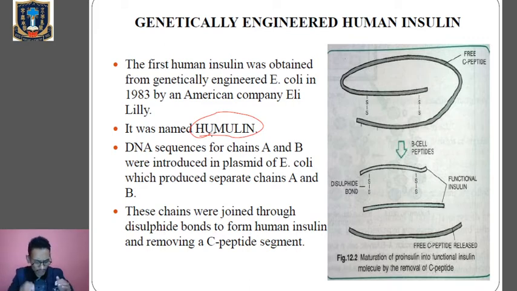Okay, now DNA sequences for the chain A and B were introduced in the plasmid of E. coli. Plasmid means a vector. So those DNA sequences which form polypeptide chain A and polypeptide chain B were inserted into the plasmid of the E. coli cell, and they formed the separate chain A and the separate chain B. Clear?